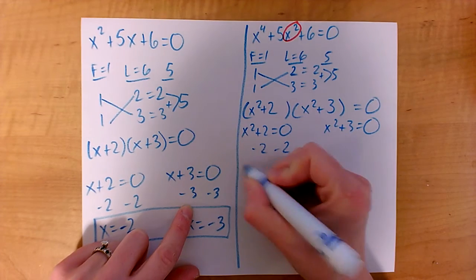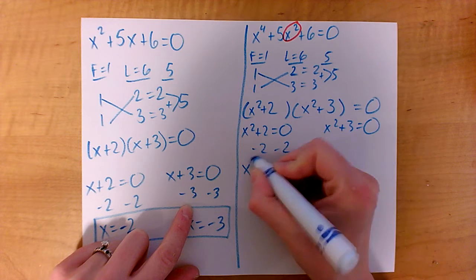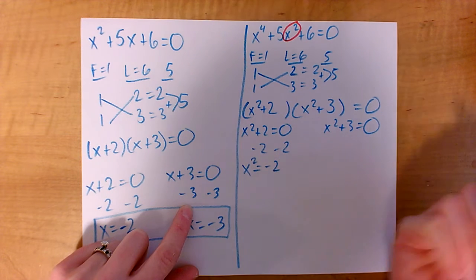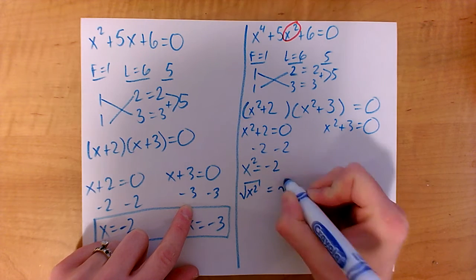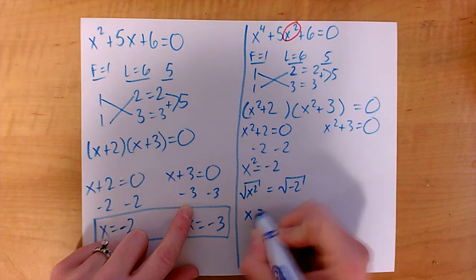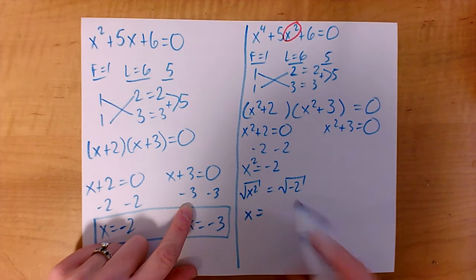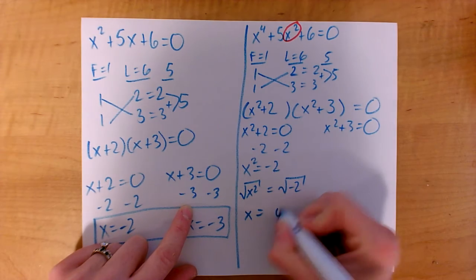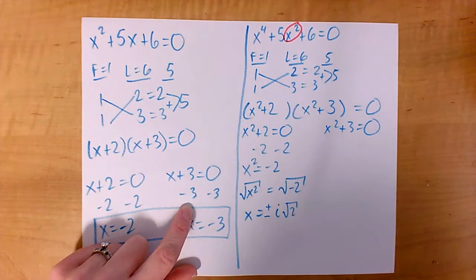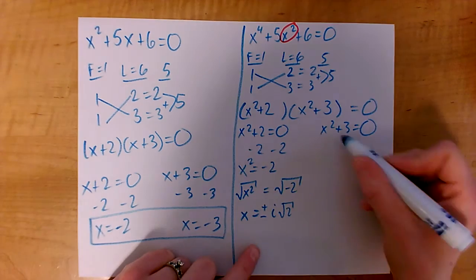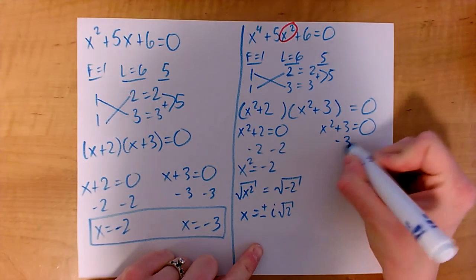So I would minus 2, and x squared is negative 2. Then I would take the square root of both sides. Well, we can't do the square root of negative 2, so we can pull the i out. That would be i root 2, and we know we have two options, positive or negative. Then we would do the same thing on the other side.